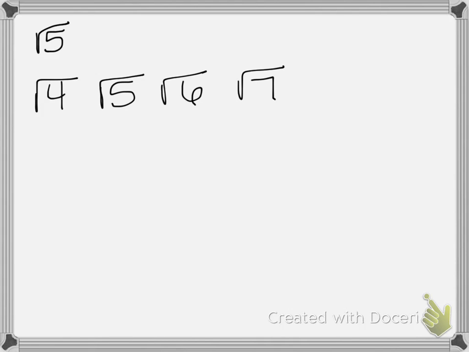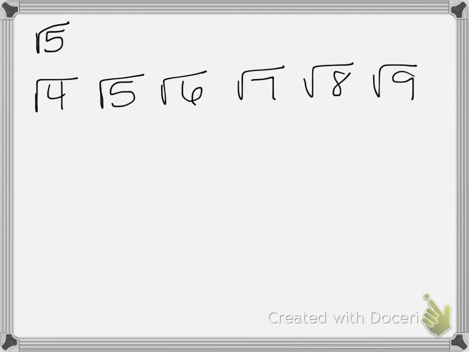Now, when we have an irrational number, because they go on forever, we have to estimate those. So if you think about your perfect squares that we talked about, if you look at the square root of 5, you have around that the square root of 4, then you would have the square root of 5, the square root of 6, the square root of 7, the square root of 8, and the square root of 9.